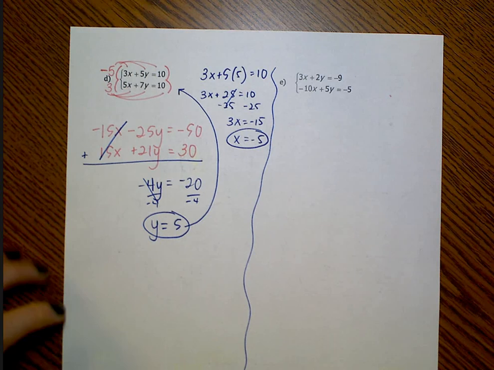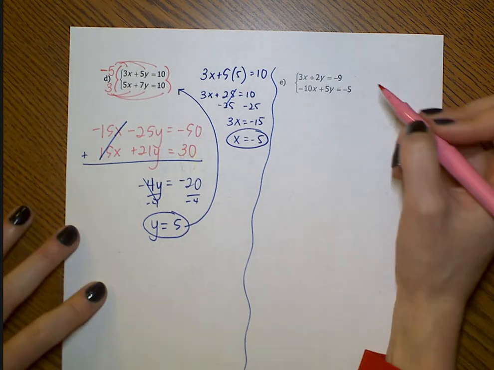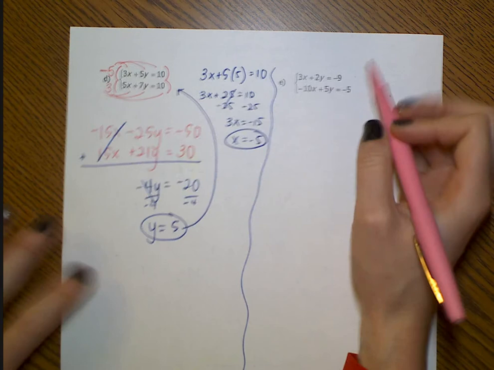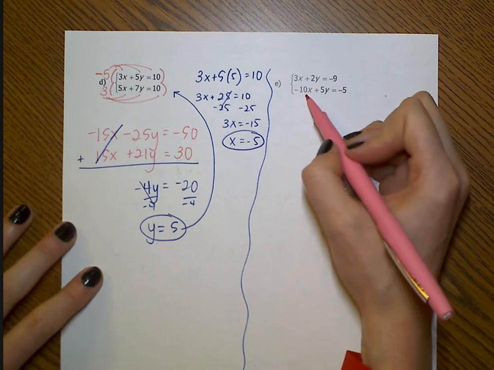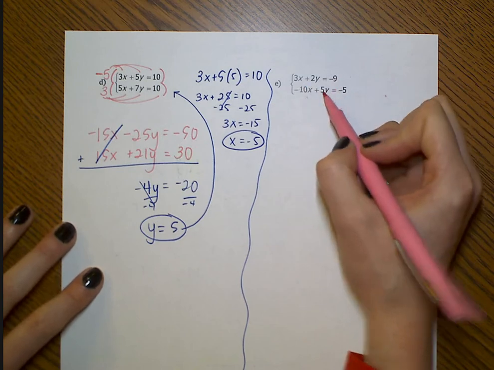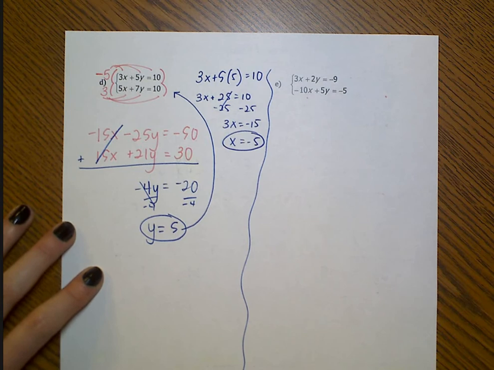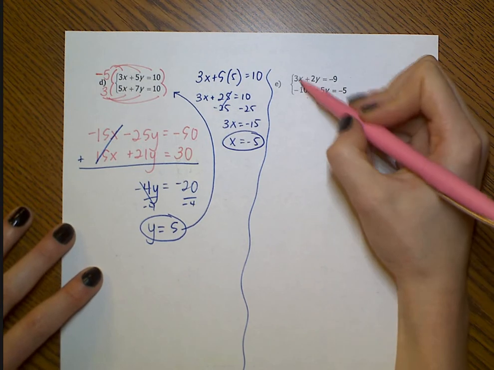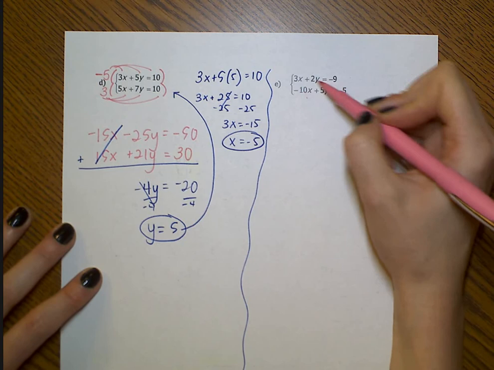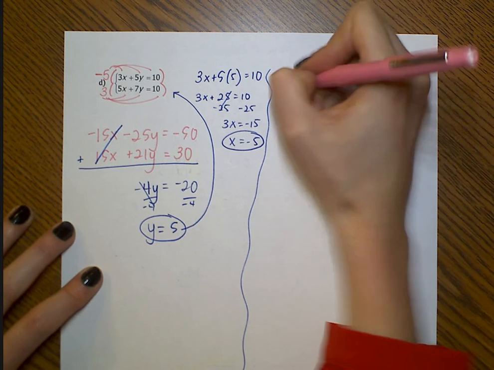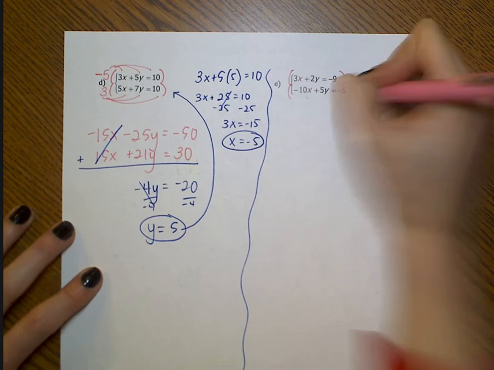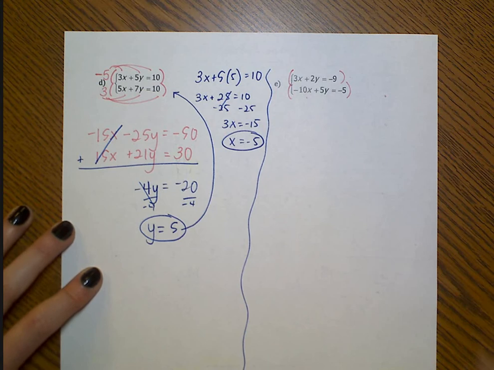Okay, one more. Now, let's see. Again, take a step back and analyze. I see 3 and -10 in front of x, and 2 and 5 in front of y. I can't multiply 3 by anything to give me 10, and I can't multiply 2 by anything to give me 5. So I know I'm going to have to multiply and change both equations. Here's what I might notice.